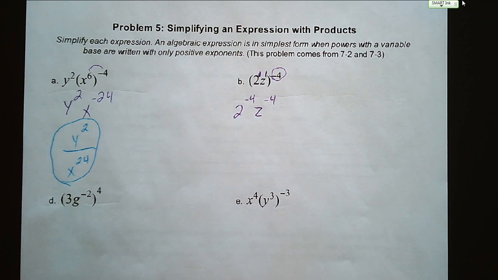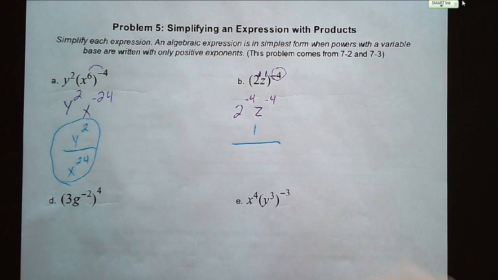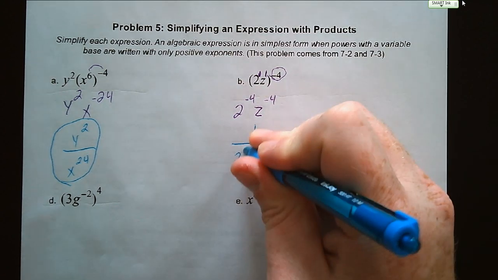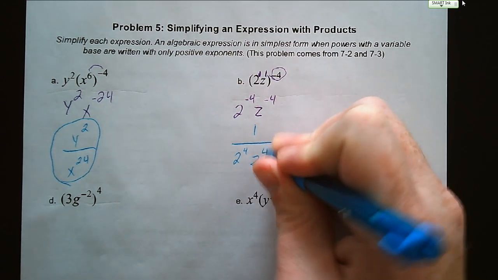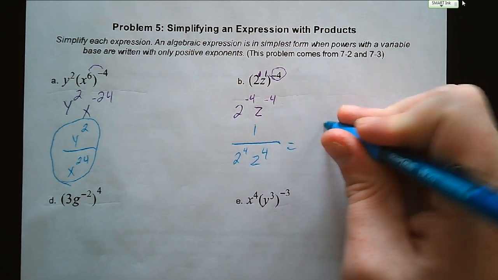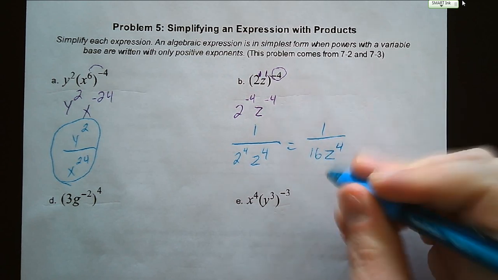We want to rewrite both of those with positive exponents, so we'll leave a 1 in the numerator, and we have 2 to the 4th, z to the 4th, which we can reduce to 1 over 16 z to the 4th.